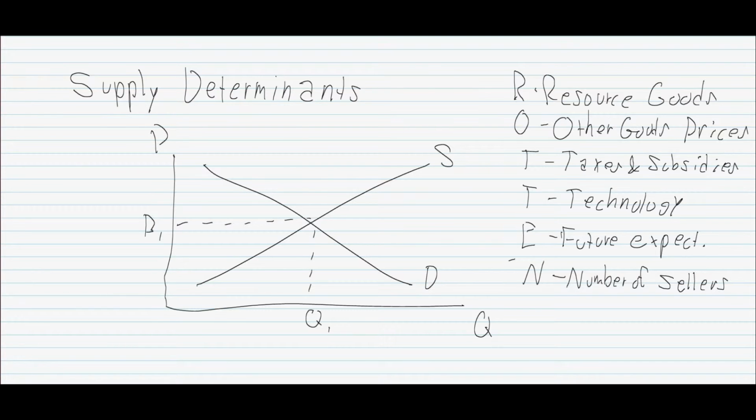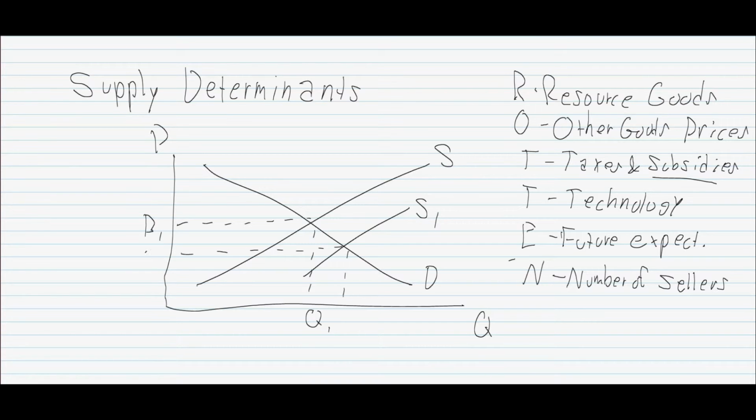Subsidy means the government gives you money to make that product. So let's say the government wants to subsidize the car industry. So they're going to give you money to make more cars. So now you have more money, you can make more cars, and supply increases. Pretty simple. Let's actually look at what happens there when supply increases.